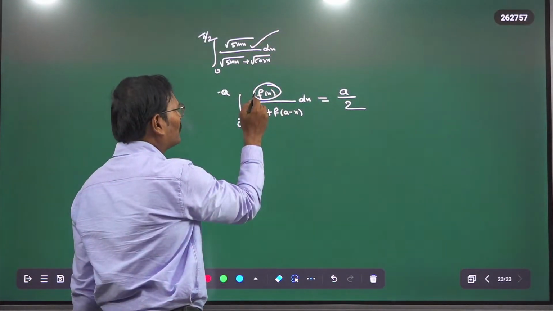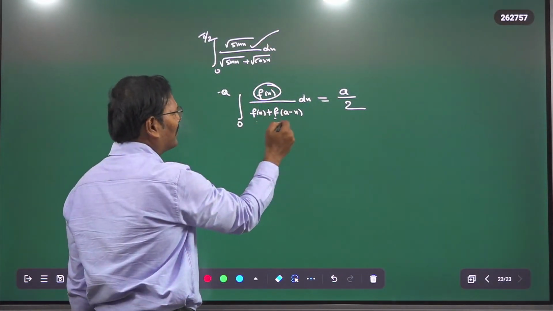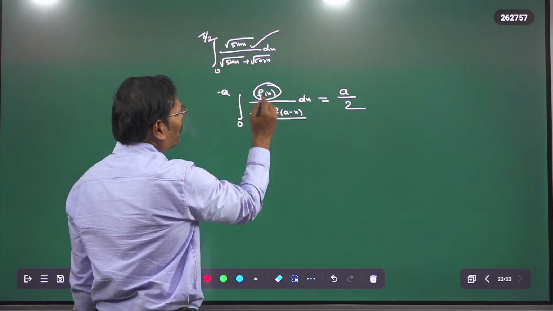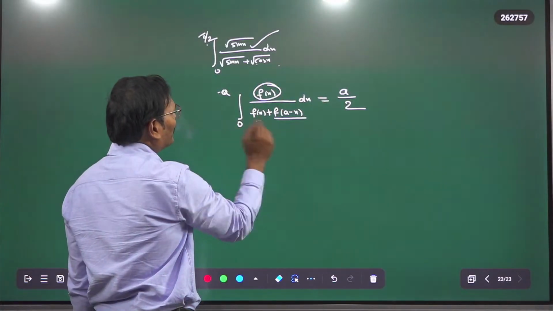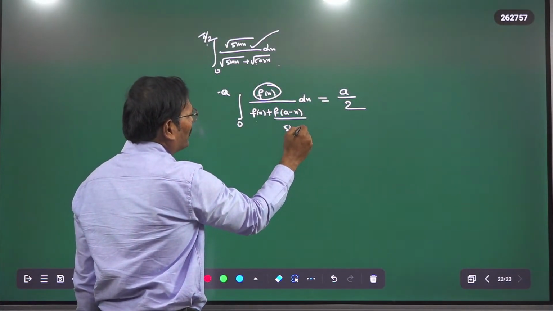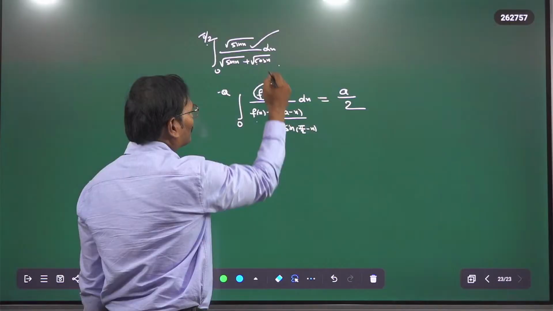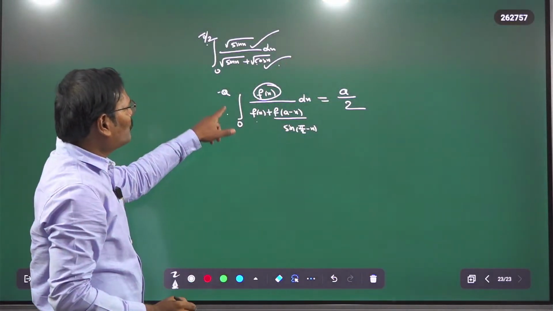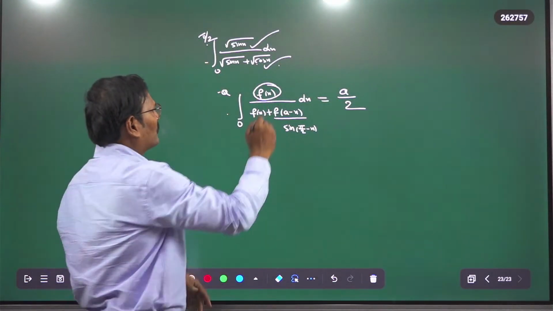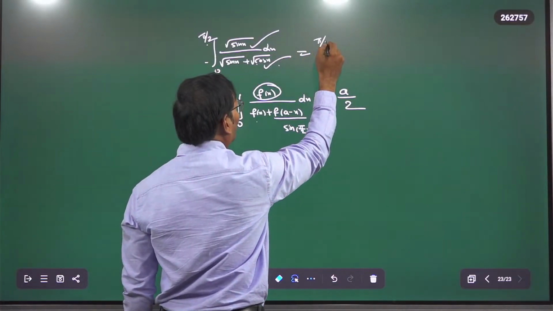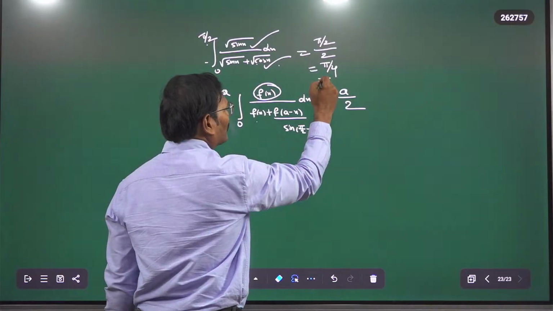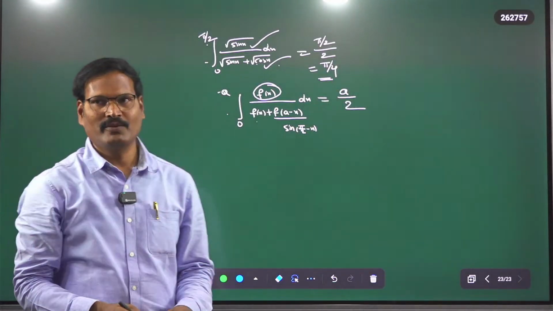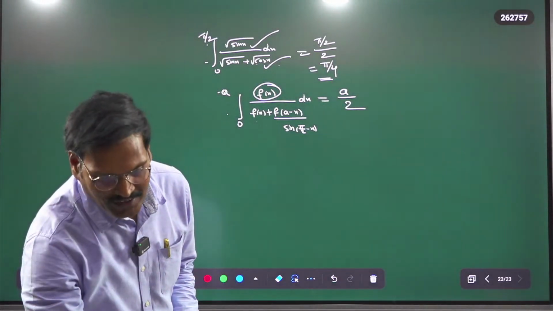Root sin x, plus root of sin of pi by 2 minus x, which is cos x, no? So we can apply this formula to this problem. So the answer is pi by 2 by 2, so pi by 4. So we can get the answer directly without doing the total procedure.